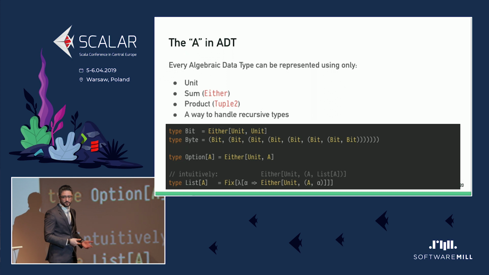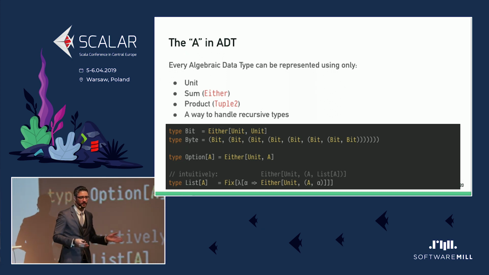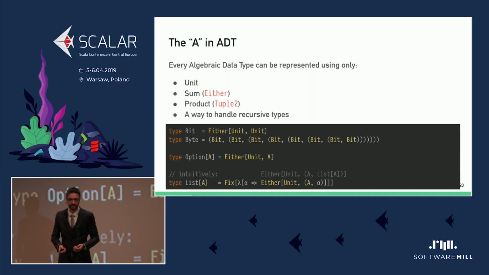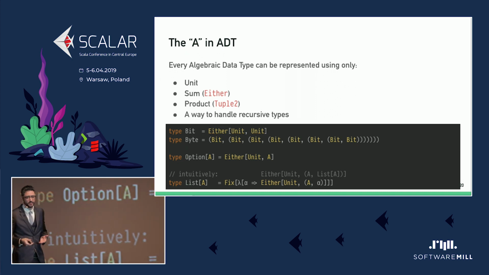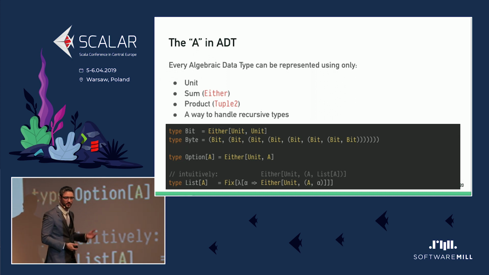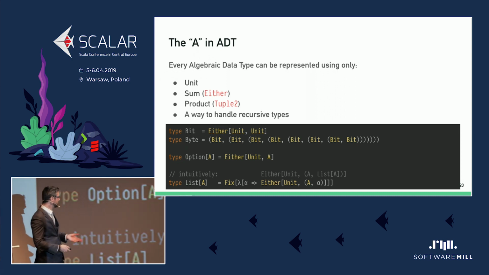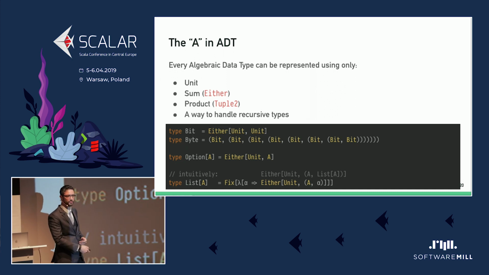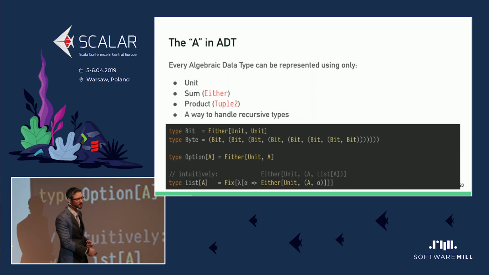For example, option is just either an A or unit, and unit will be used to represent none, and so on. And you can even represent recursive types in that manner. It's slightly difficult to express it in Scala, and hopefully you don't see that error there.